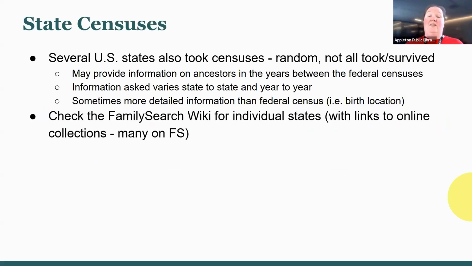Sometimes it has more detailed information than the federal census. So if it's the New York census, it's going to ask specifically if you were born in New York, what county in New York were you born in, which is really helpful when trying to narrow down a more specific birth location. So I want you to check the FamilySearch Wiki for those individual states. Like we looked at before, we typed in New York census and got all those links to those FamilySearch collections that I could search through.